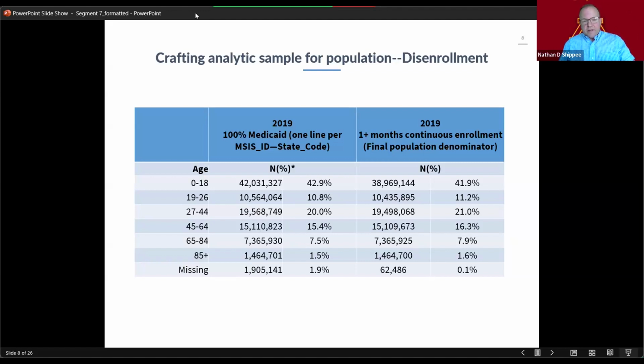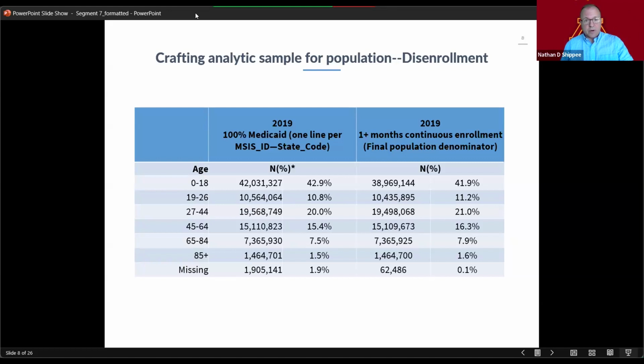And then what we did was we decided that because of potential noisiness in the data resulting in some really small amounts of enrollment, these would be people who have less than 30 days in a period enrolled in Medicaid.